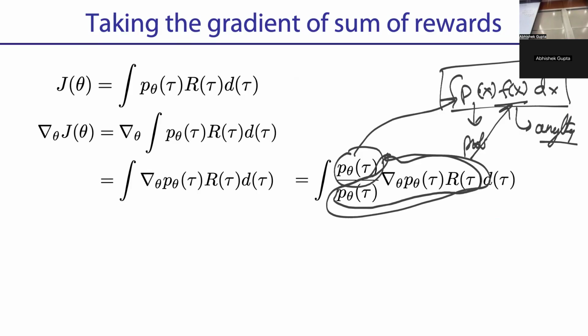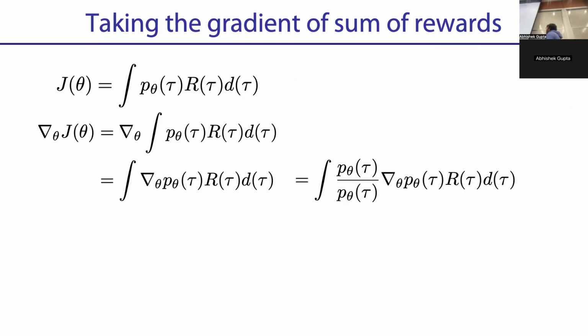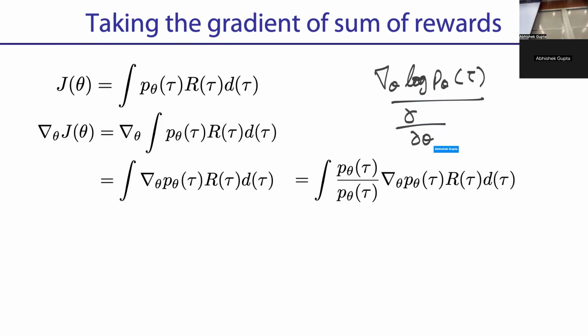But the cool thing is, you all remember the chain rule of calculus, right? What is grad theta log p theta tau by chain rule? Remember, grad theta is basically d over d theta of log p theta tau. So what is the gradient of log? 1 over, right?